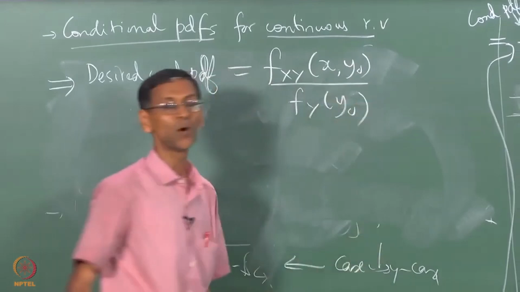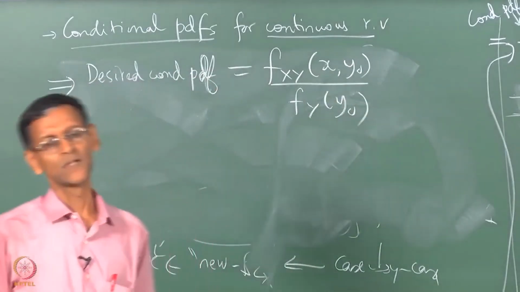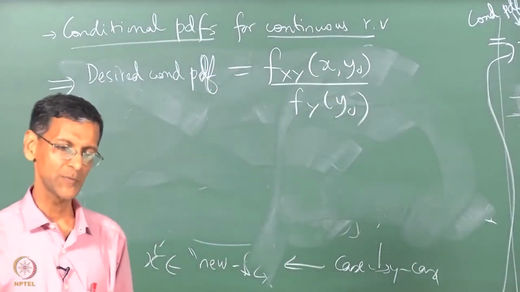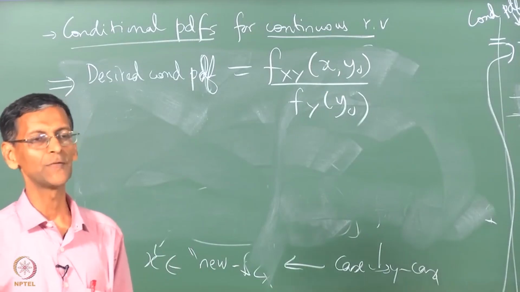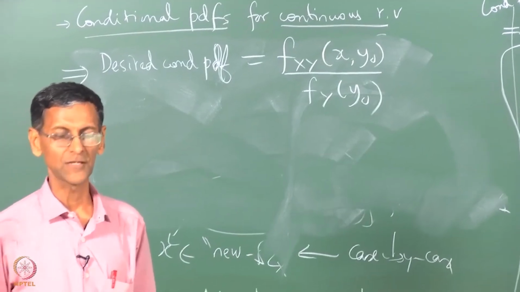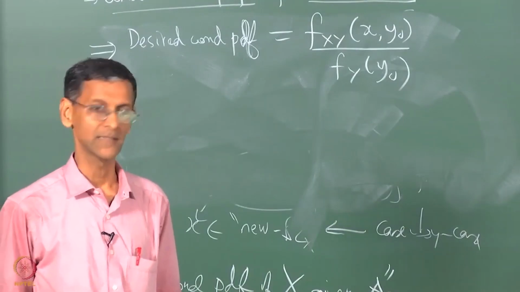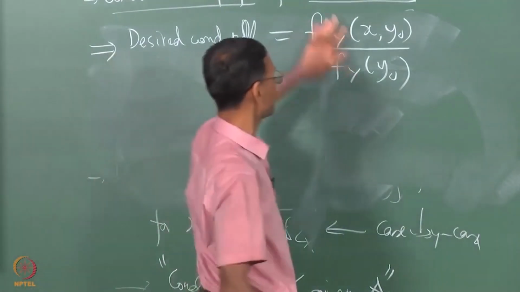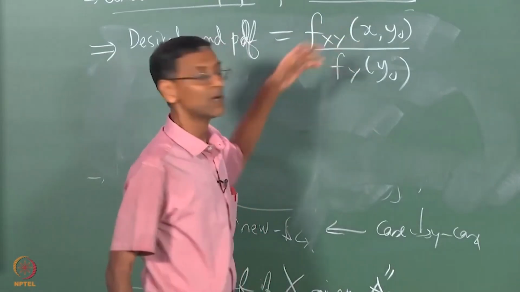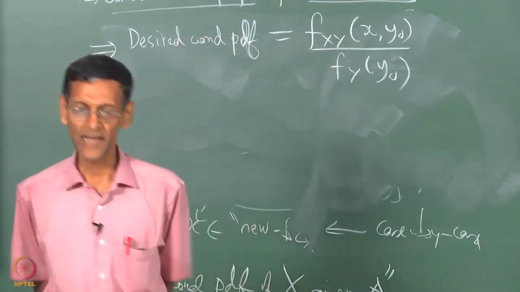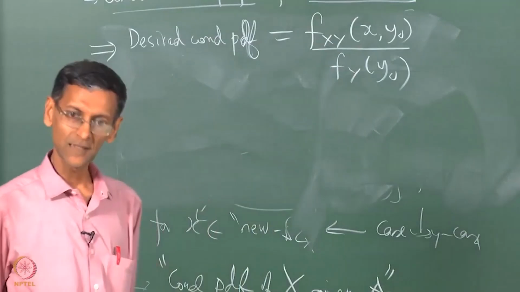It is just a ratio of joint divided by marginal, just like we had all the time, except that we are only dealing with PDFs and not PMFs or anything else, right. So neither of these is a probability as we saw, but the ratio can be interpreted as yet another PDF.